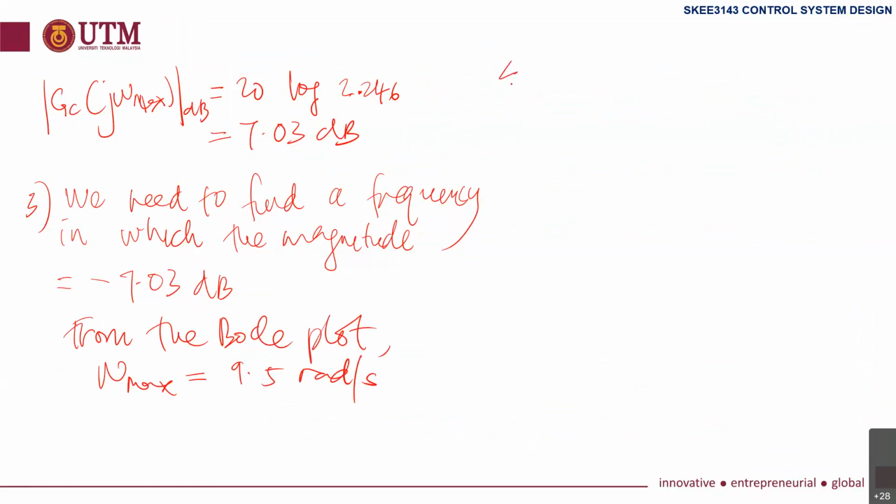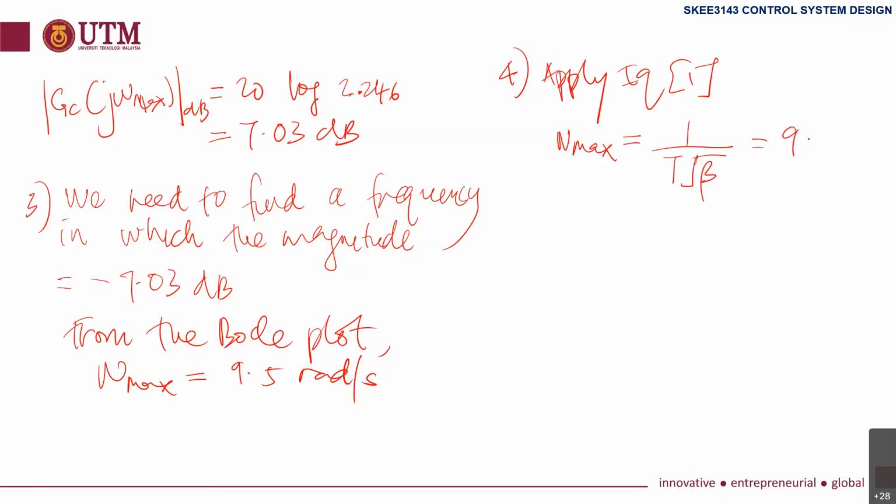Let's move to another step. Once we get omega max, we can apply the last equation, equation 1. Equation 1 says that omega max is equal to 1 over T square root beta.